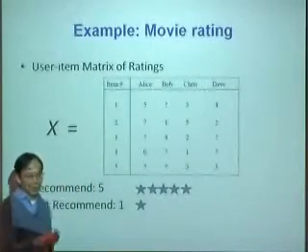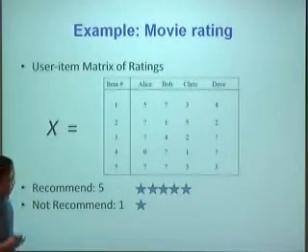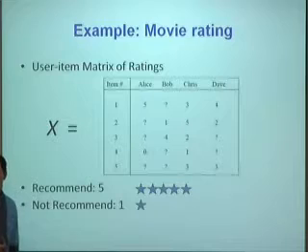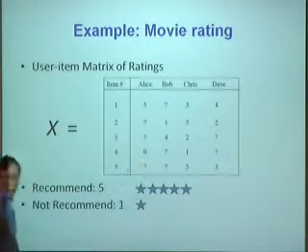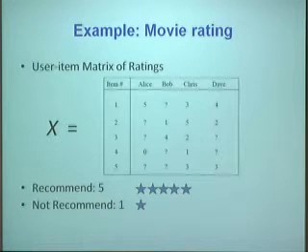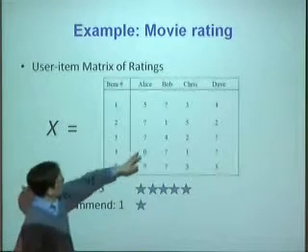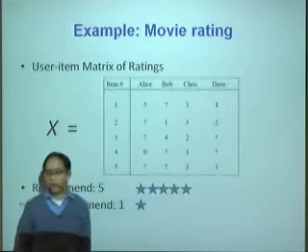For example, Amazon. If you ever use Amazon, they have stars, 5 stars representing that you like a particular book, 1 star meaning maybe you are not really into this type of book. So we can translate it into a matrix. Zero means no interest at all whatsoever.